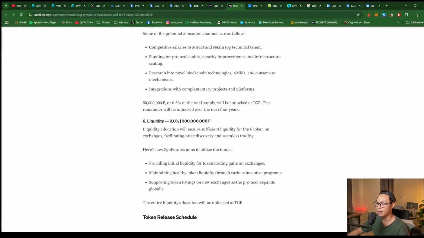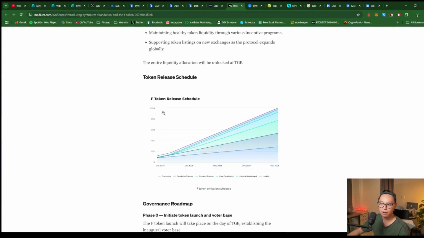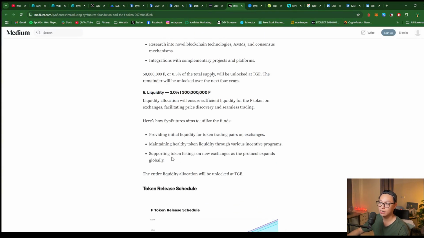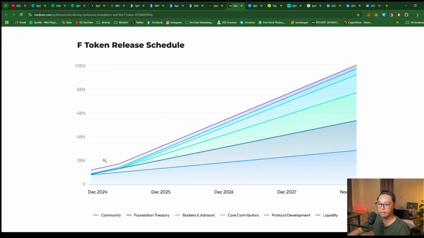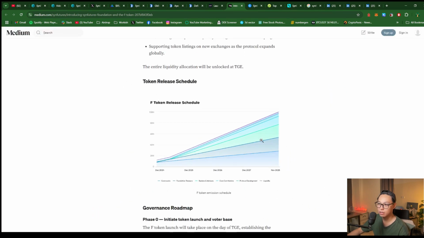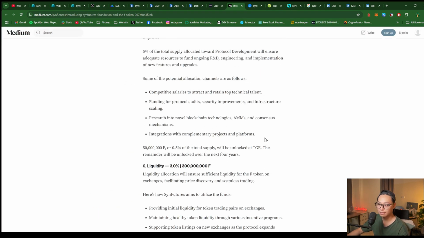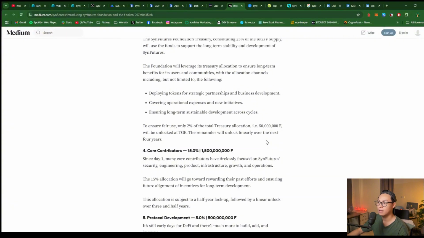They don't mention how much token will be out initially at TGE, but looking at this F token release schedule, there's probably like 13% of F token being released at TGE in initial circulating supply, which is not bad.